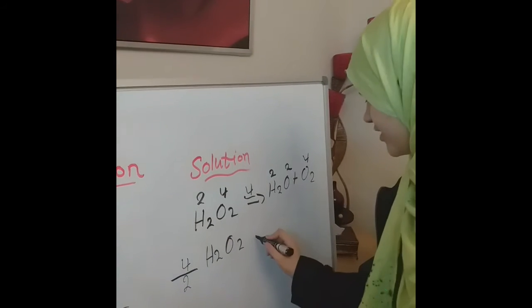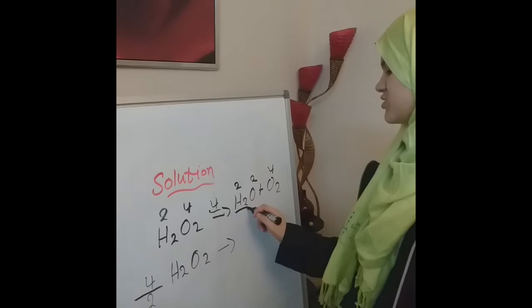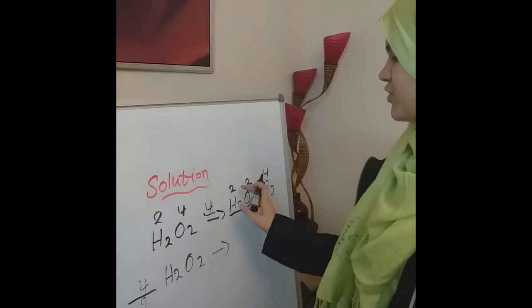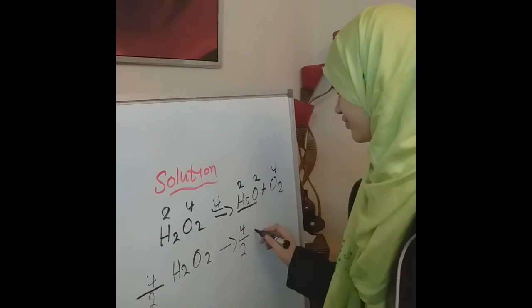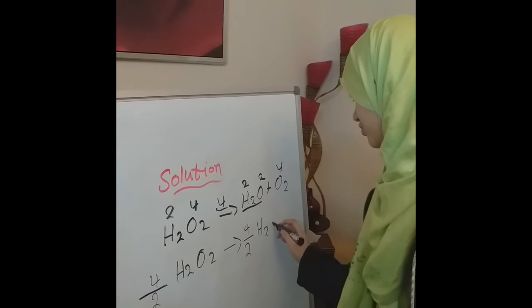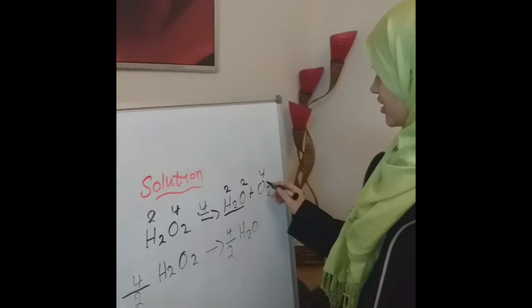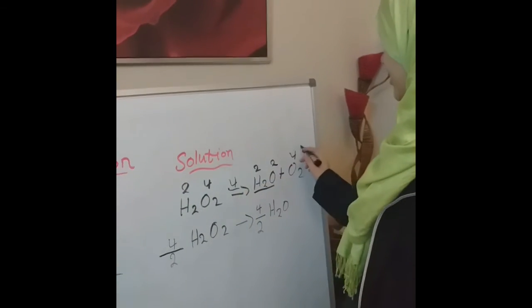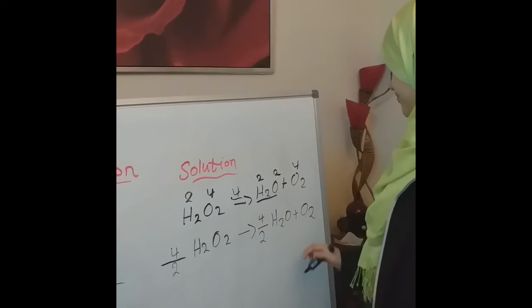Then next, we will divide also here H2O, which means water. We will divide all of them by 4 over 2. That means it will be 4 over 2 for H2O. After that, we will divide also here by 4, so it will be by 1 plus O2 only.